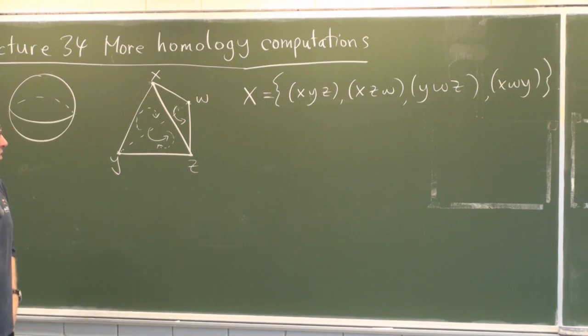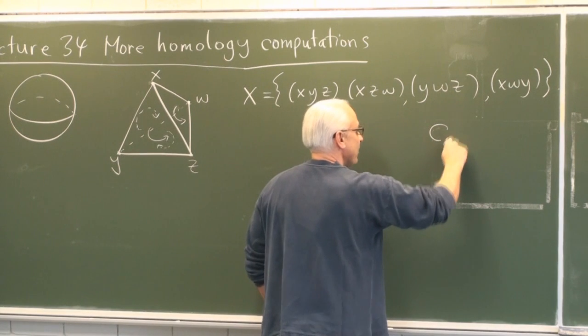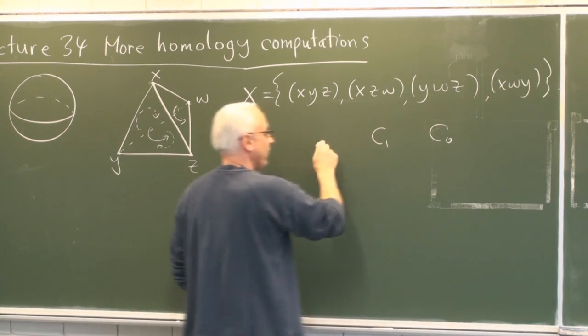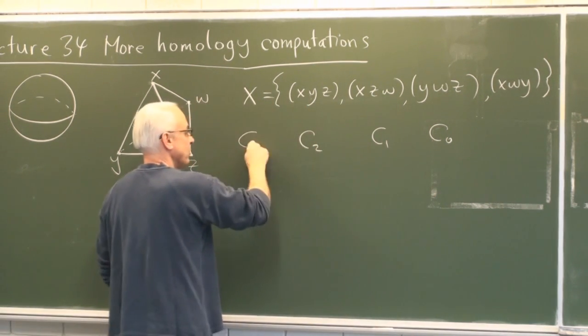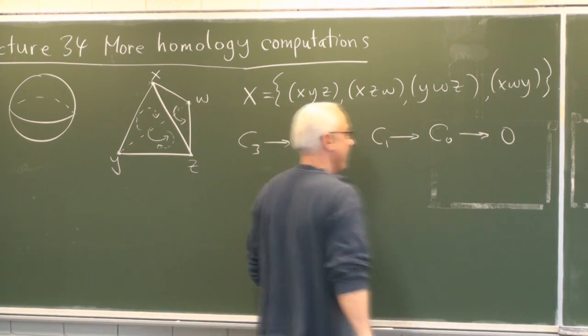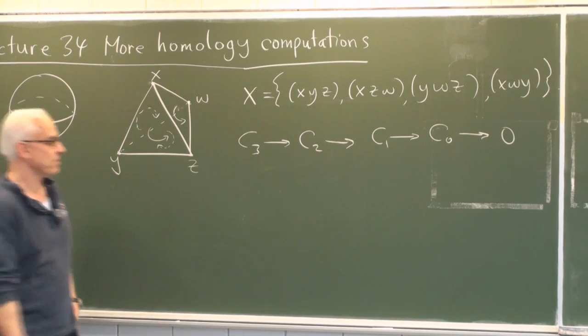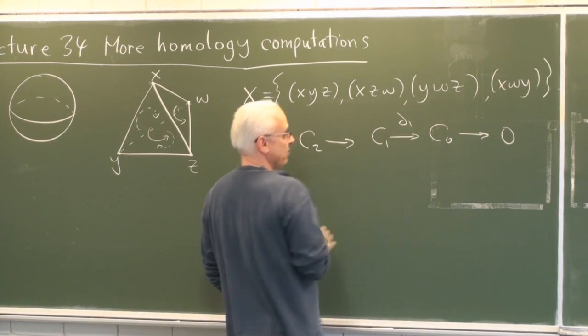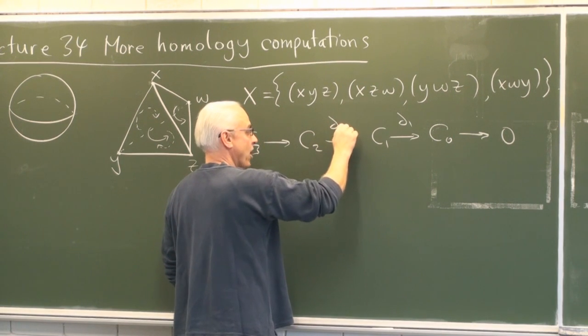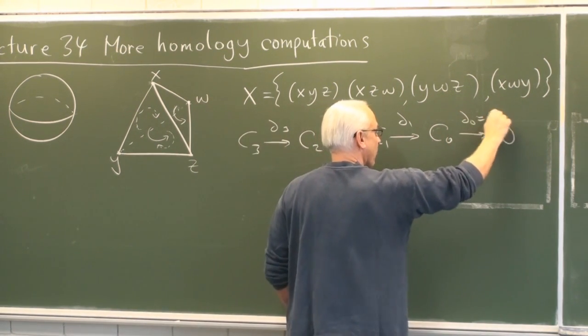And now in terms of homology, we want to consider these chain groups, C0, C1, C2, C3, various boundary maps, and we want to then compute homology. Mind you, the boundary maps are del 1, del 2, del 3, and this del 0 is really the 0 map.